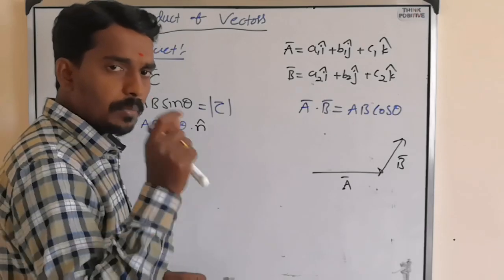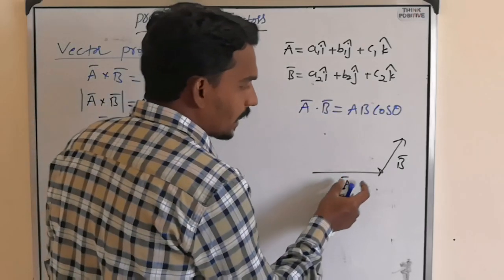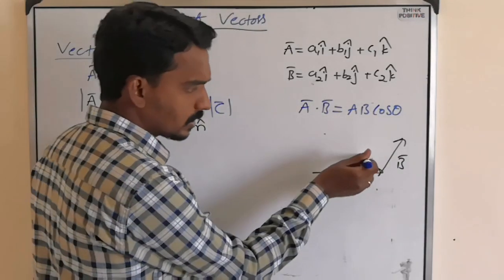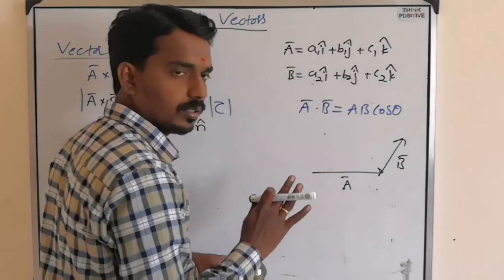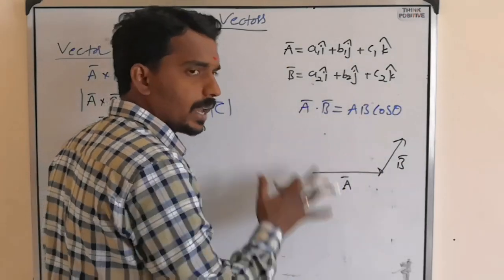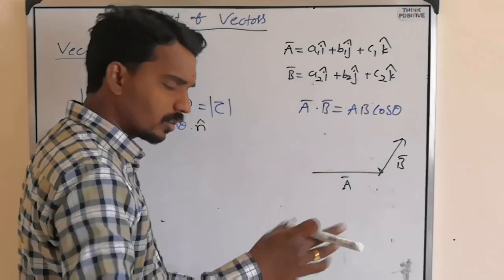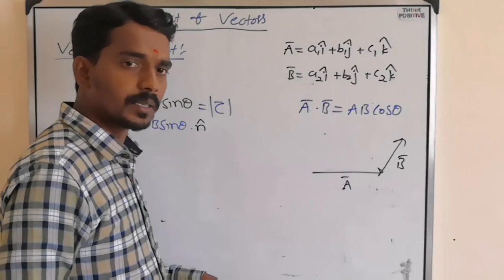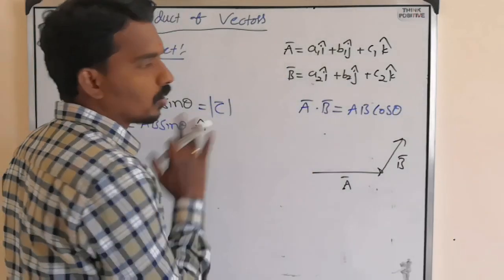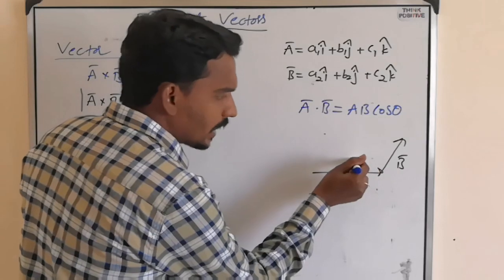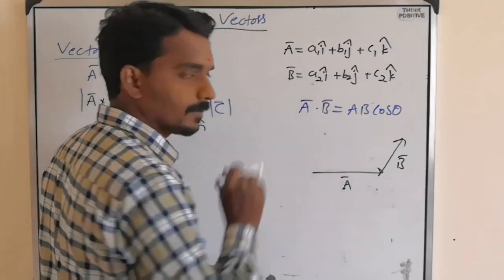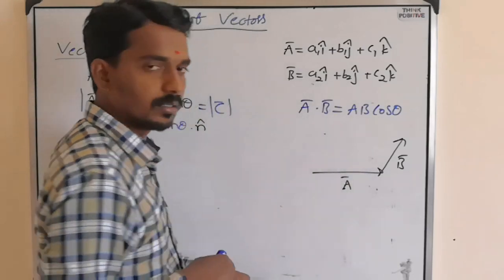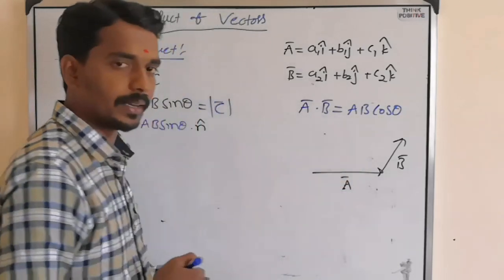So this is perpendicular to the board. A bar and B bar are in the plane of the board, and this is the direction perpendicular to this plane. But there are two options, outward or inward. Both are perpendicular to this plane.